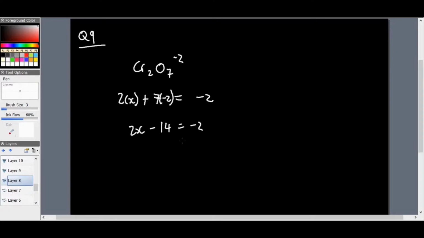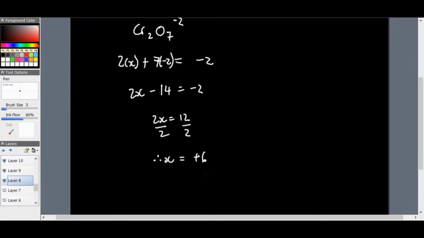Let's see if this is going to work. So we've got minus 2 plus 14, and then we've got 2x is equal to 12. Divide both sides by 2, and therefore x, which is the unknown, is equal to positive 6.